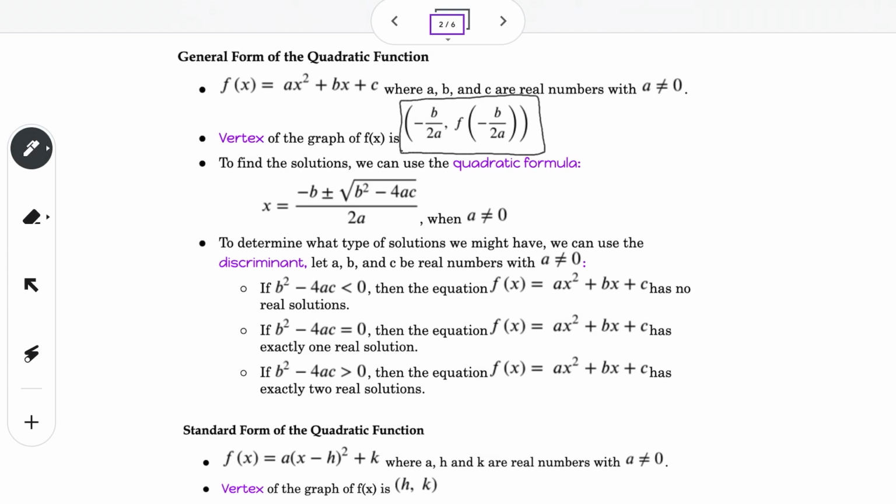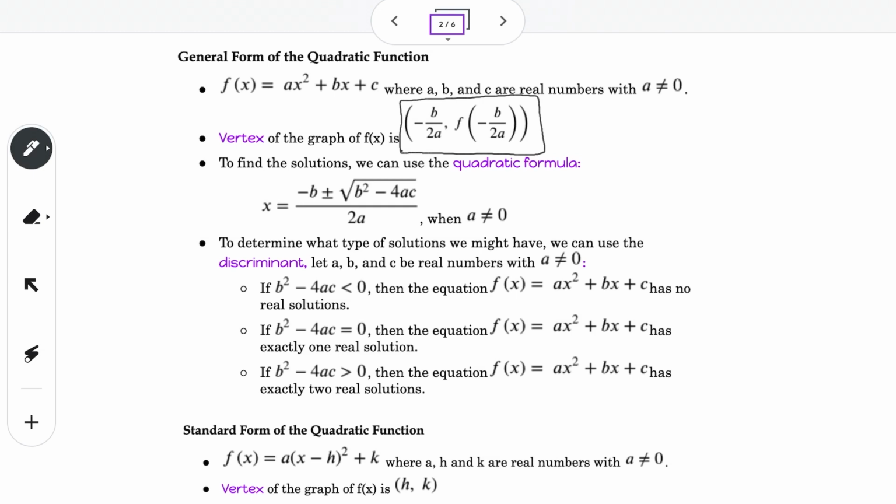What I love about the quadratic formula, and I'm sure you have much experience with it, is that it gives us solutions, whether they be real solutions, one real solution, or in fact, if we have non-real solutions. So if we have imaginary solutions, because we'd end up with a negative underneath that radical, which I think is a really cool feature of utilizing the quadratic formula.